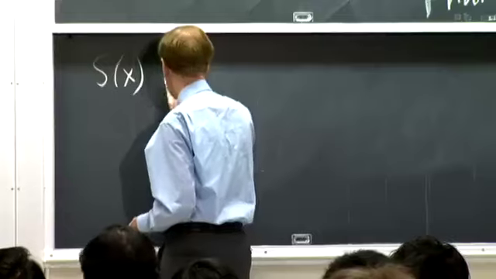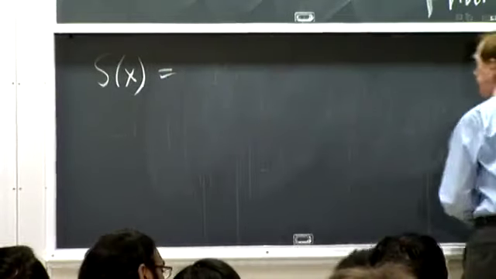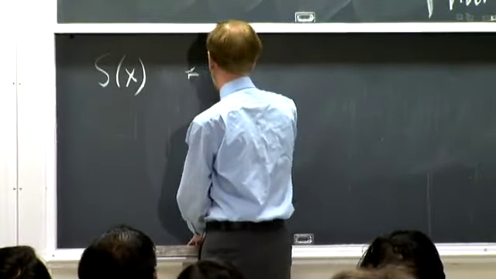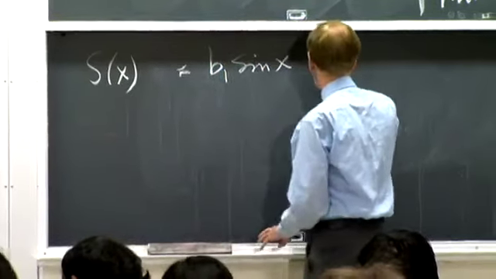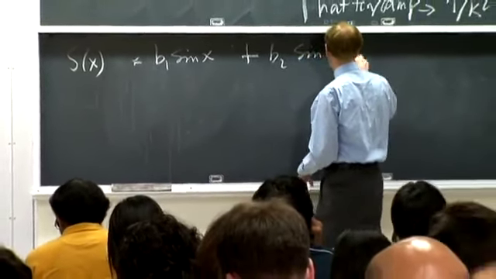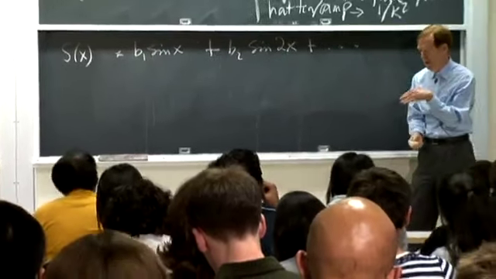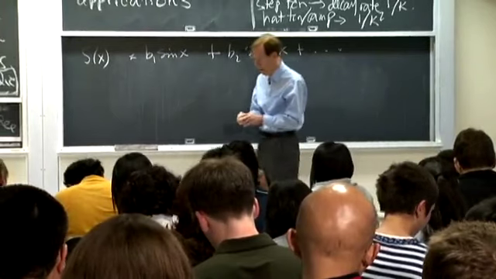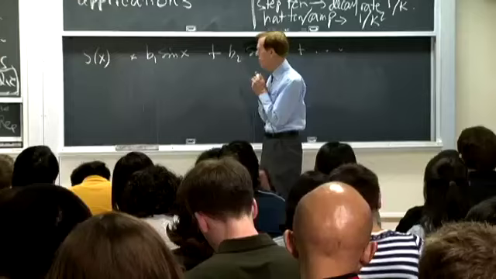It's going to have coefficients, and I use b for sines. So it's going to have b1 sine x and b2 sine 2x and so on. So it's got a whole infinity of coefficients. We're in function space. We're not dealing with vectors now. So how is it possible to find those coefficients?